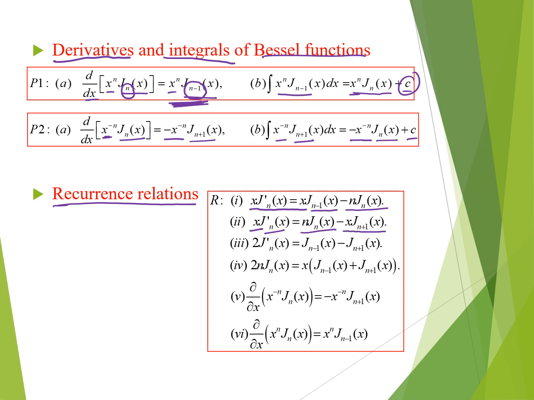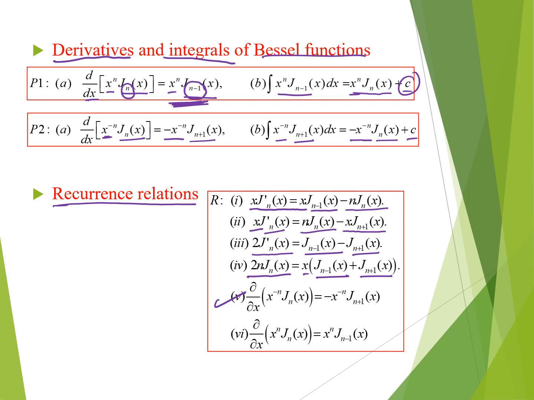Third is 2 J_n' is equal to J_(n-1) minus J_(n+1). Fourth, 2n J_n is equal to x into (J_(n-1) plus J_(n+1)).